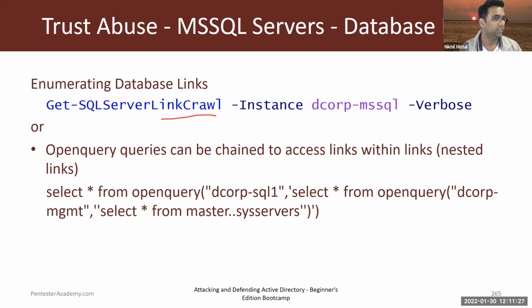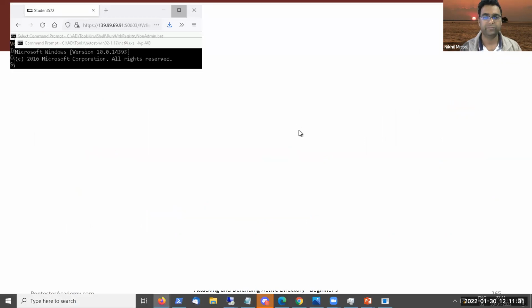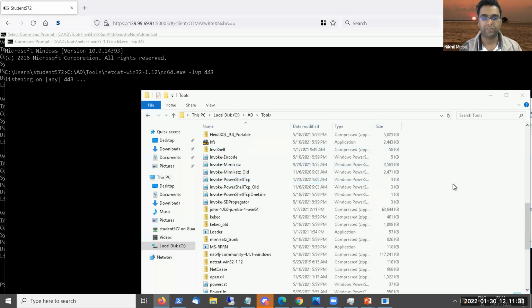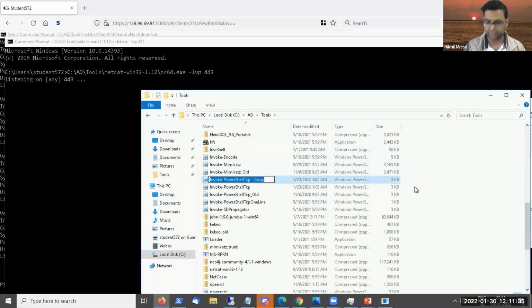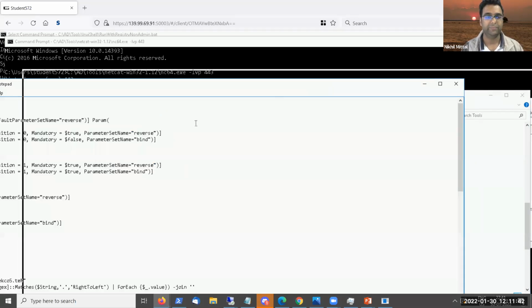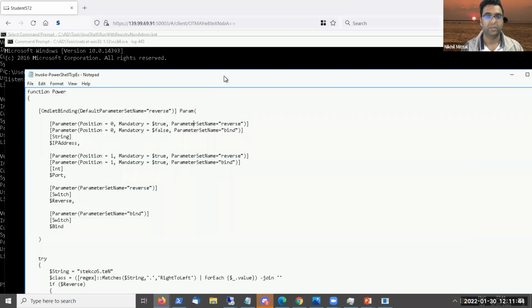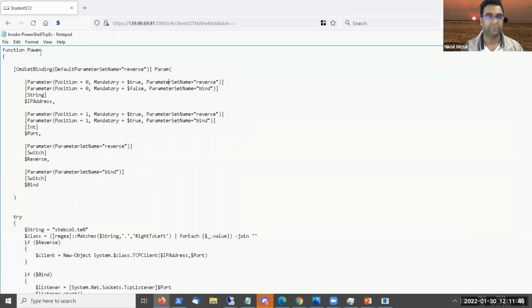Invoke-PowerShellTcpEx. So Invoke-PowerShellTcpEx is nothing but this. I copy Invoke-PowerShellTcp, rename it to Ex, and then simply make a function call at the very end of it.